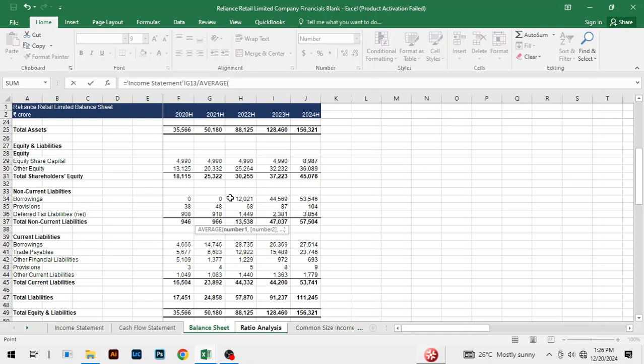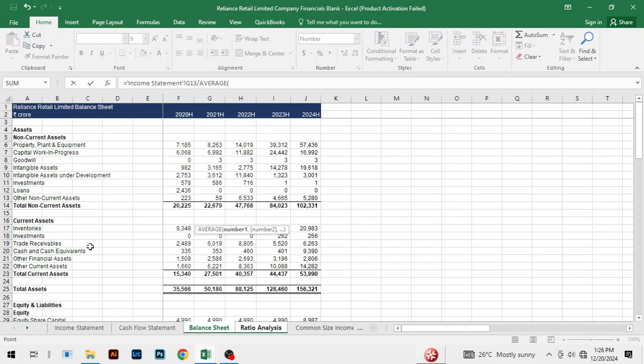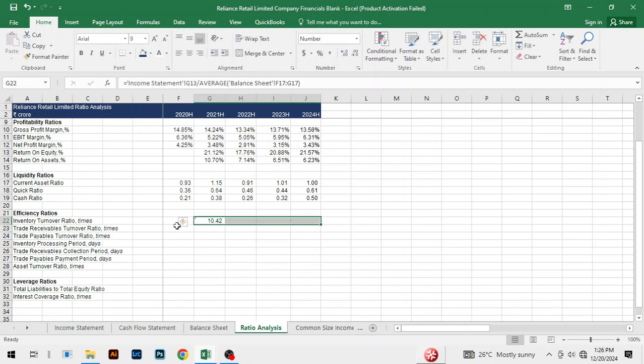We go back to the balance sheet, and here we pick under current assets the average inventory, right, like this, and then we press enter, and then we copy that to the right.